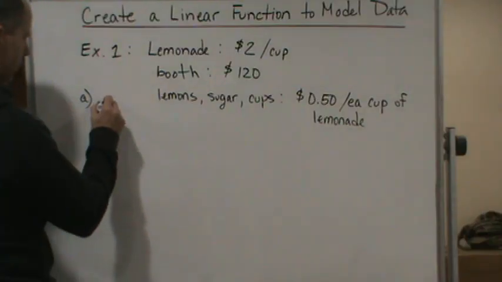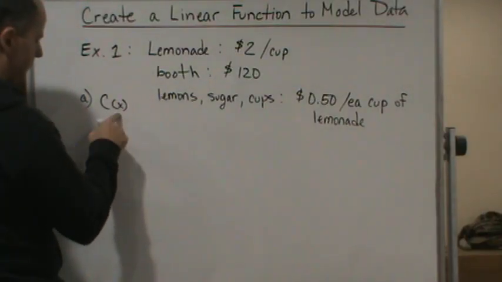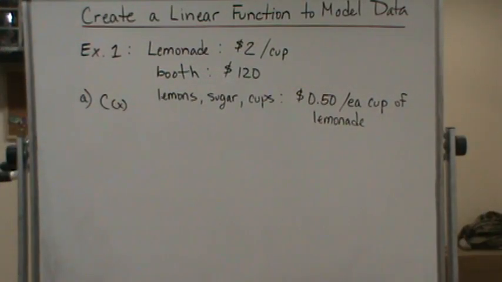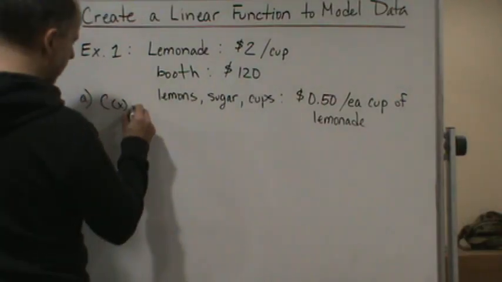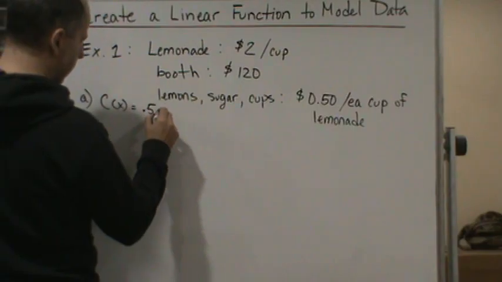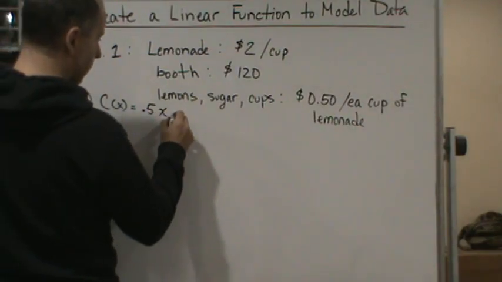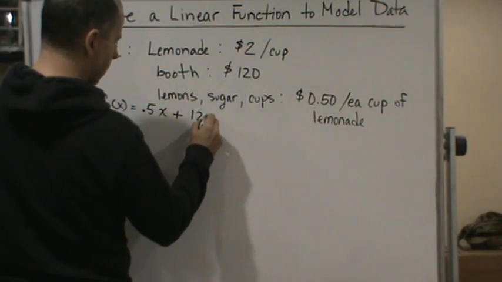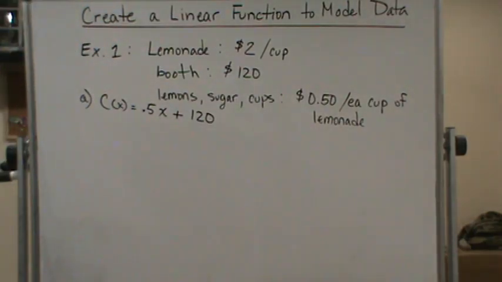So our cost function is going to be C of x, where x represents each cup of lemonade. And so that's going to be 0.5 times x plus 120. Okay, so that is going to be our cost function.